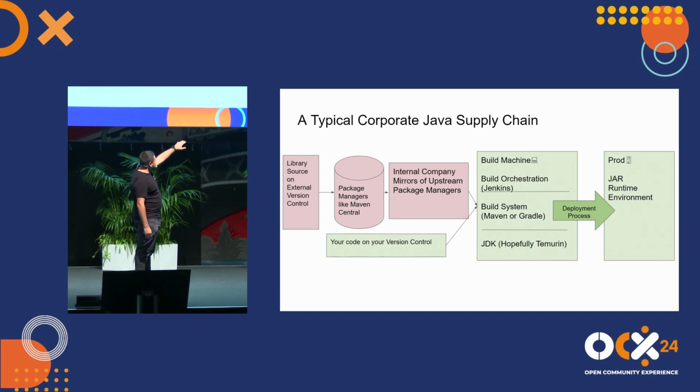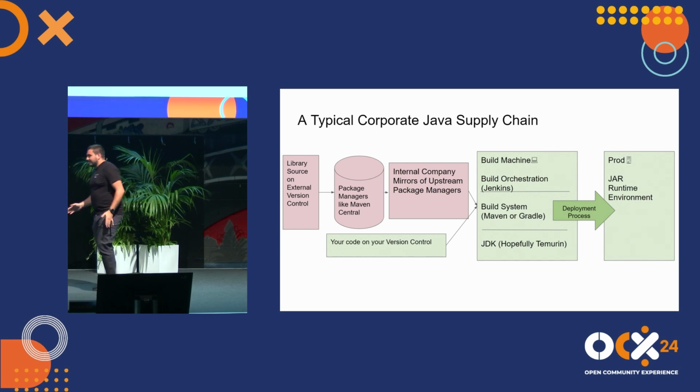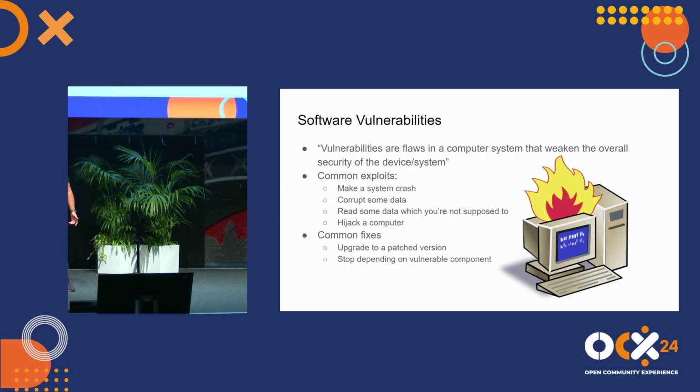The JDK might be compromised, and in production, your deployment process might actually insert some stuff in there that you didn't expect. The runtime environment could be compromised. The jar in production that was built and deployed could be compromised, and of course your production servers could be compromised. So there's a whole lot of places where you might have risk.